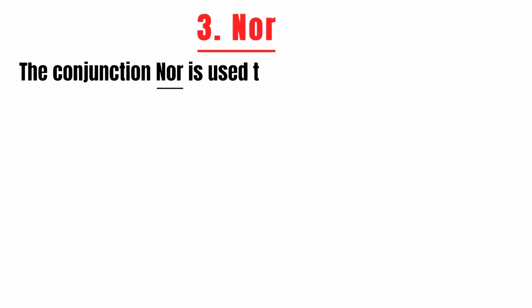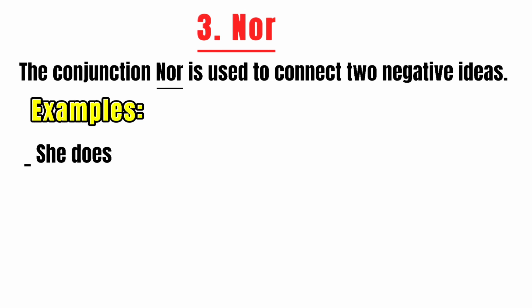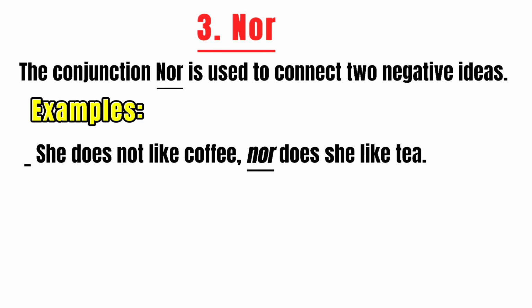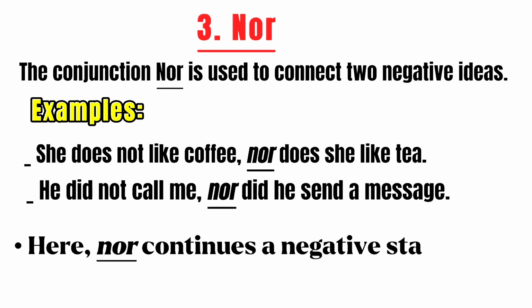The third is nor. The conjunction nor is used to connect two negative ideas. Examples: She does not like coffee, nor does she like tea. He did not call me, nor did he send a message. Here, nor continues a negative statement.